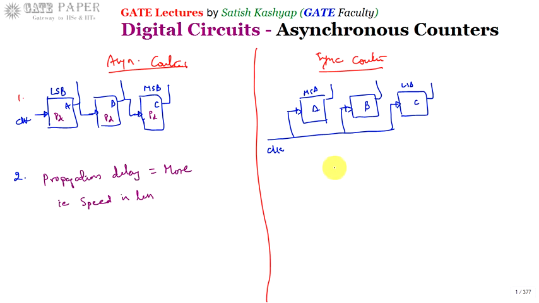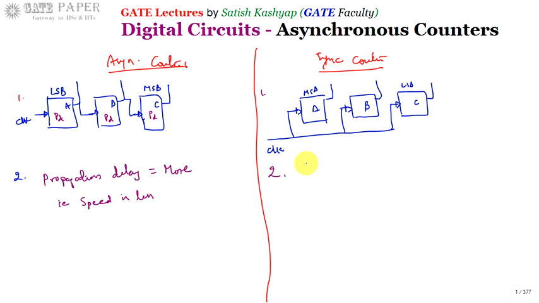Whereas in this case, since the clock is connected to all flip-flops simultaneously, all the flip-flop outputs change simultaneously. So you will get a stable state within one clock period plus some additional gate delays. In the design, you may use some additional gates, so accordingly you get a propagation delay of one clock period plus additional gate delays.